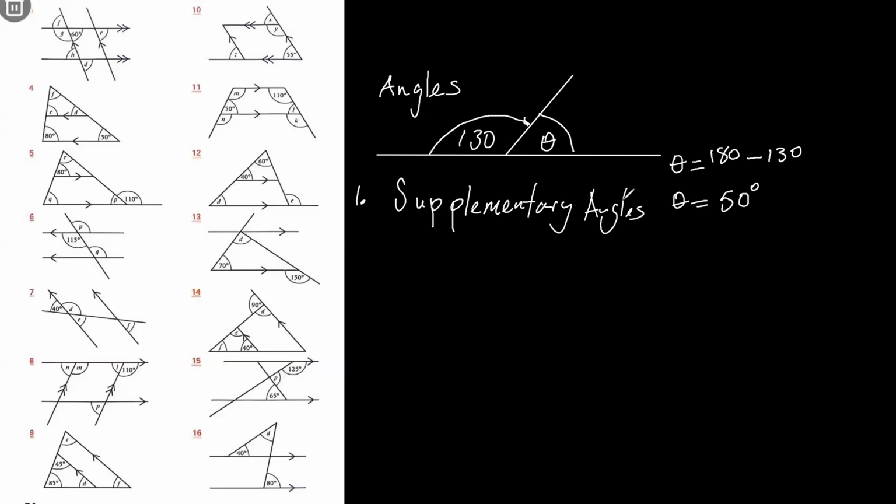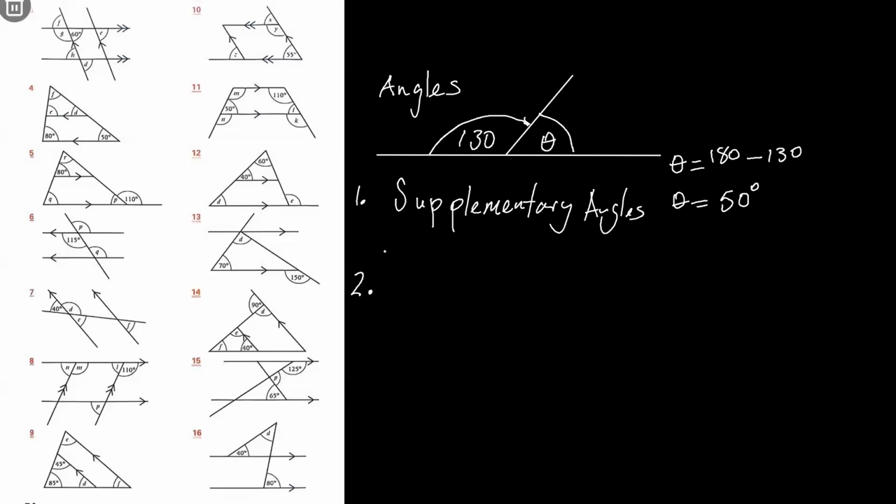The first thing we looked at was supplementary angles. The second set of angles that we looked at, which was really easy, was vertically opposite.